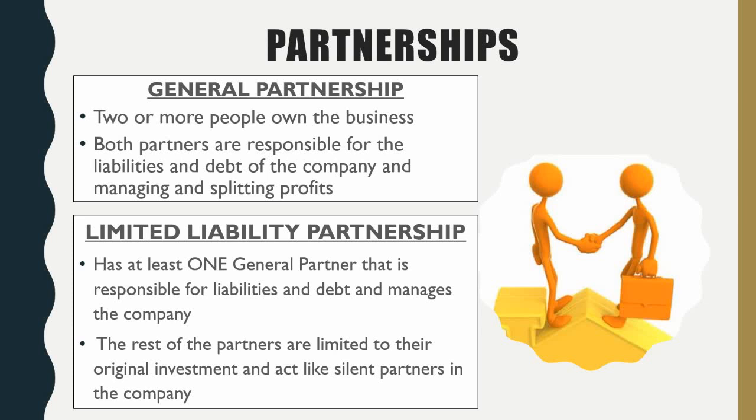All right. So the second one is called partnerships, right? Key characteristics of a partnership is two or more individuals that own the company. Remember, one is sole proprietor, two or more, right?